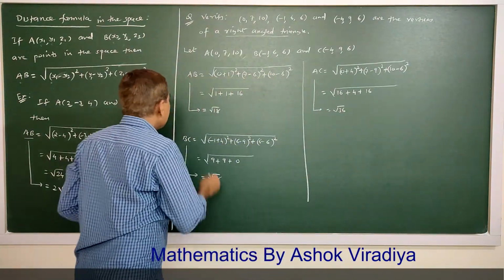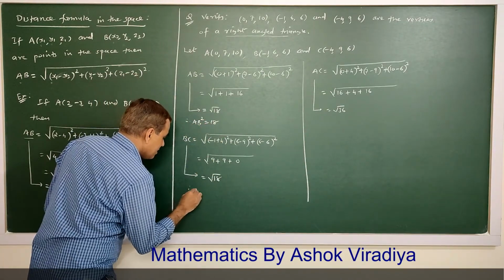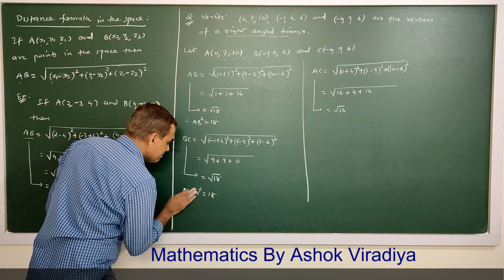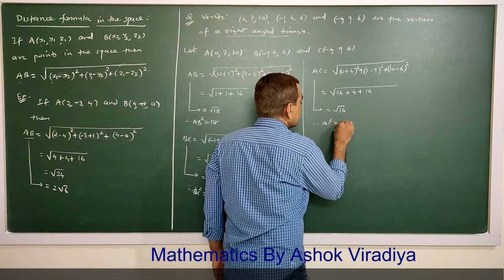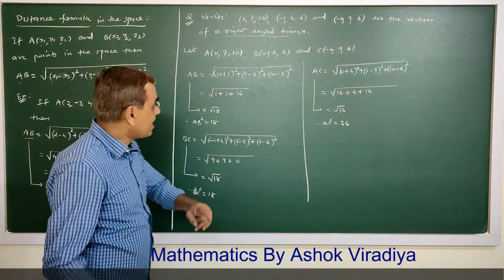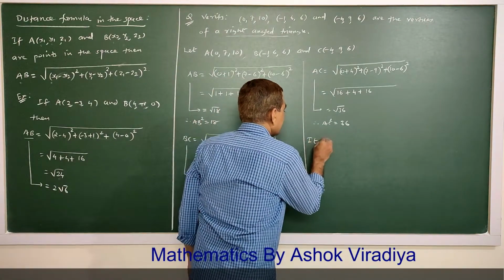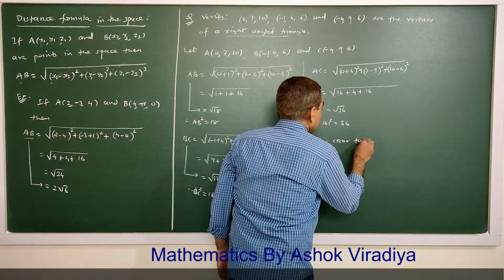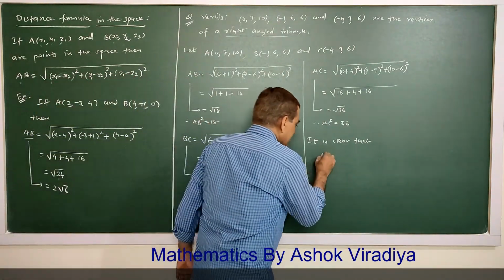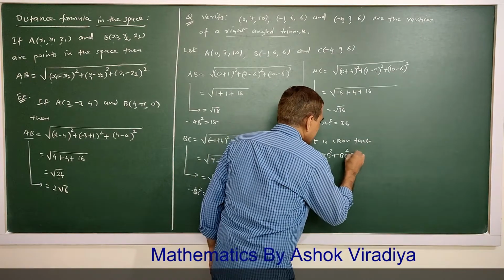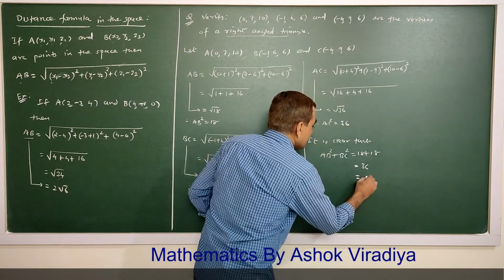So see, AB is root 18, so here AB square is 18, here BC square is 18, and here AC square is 36, and you can see that the sum of these two numbers is 36. So it is clear that AB square plus BC square is 18 plus 18, 36, and it is equal to AC square.